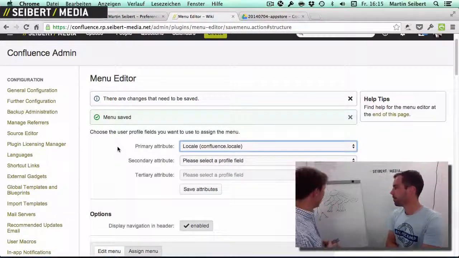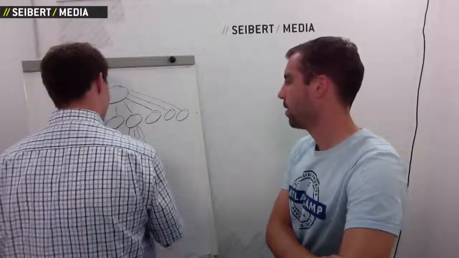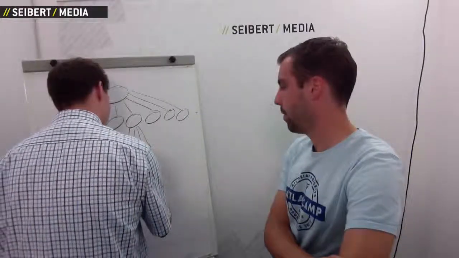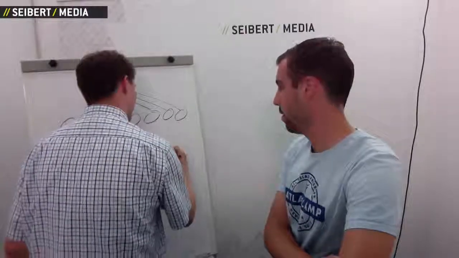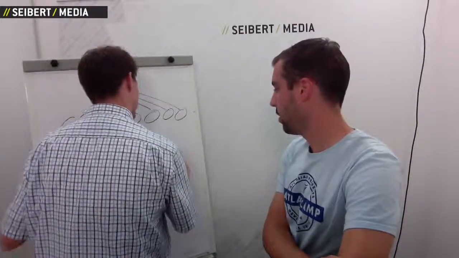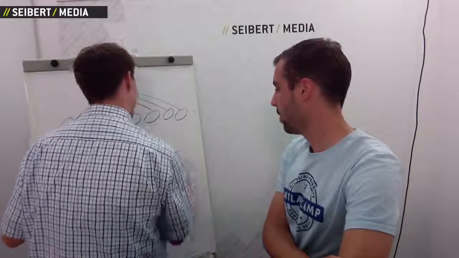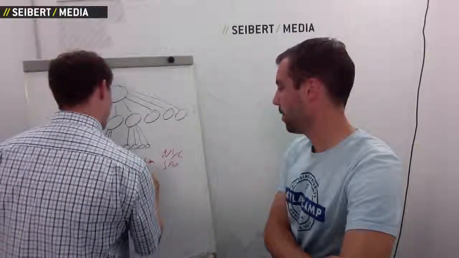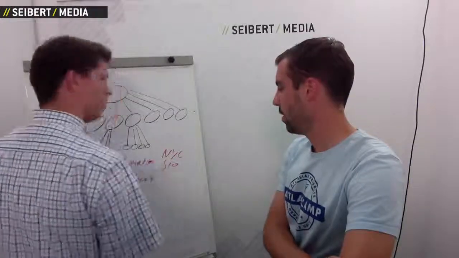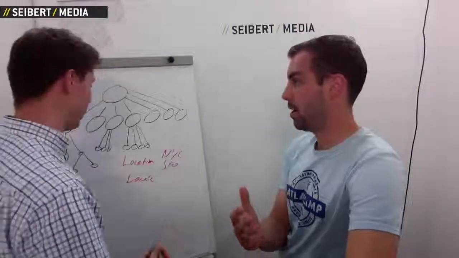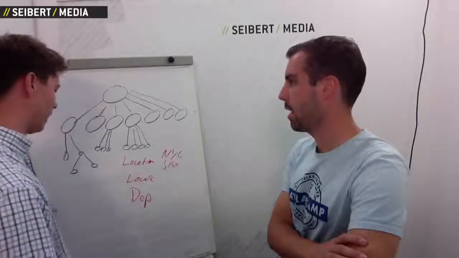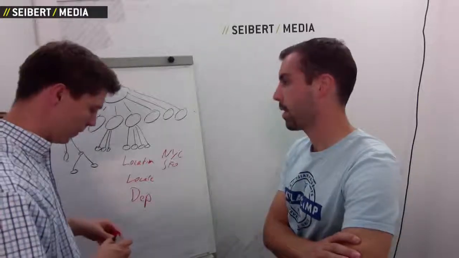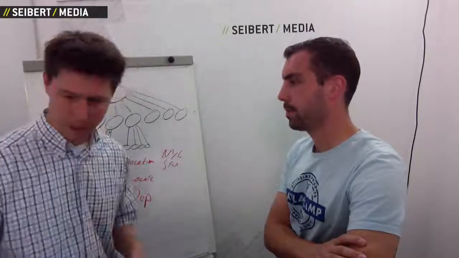Let's collect some. What we have is the location where someone is. It could be New York versus San Francisco, and then we could have language, which is locale. Then we could have a department, for example, like marketing or business development, and then also stuff like your role.